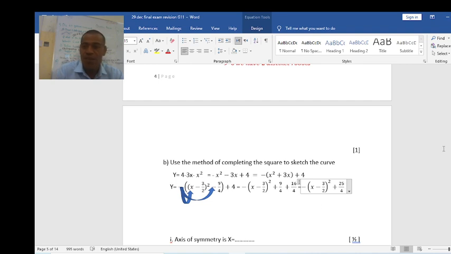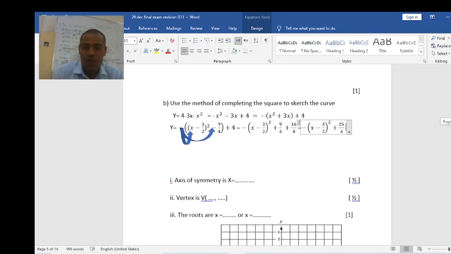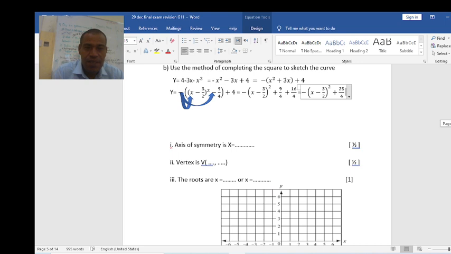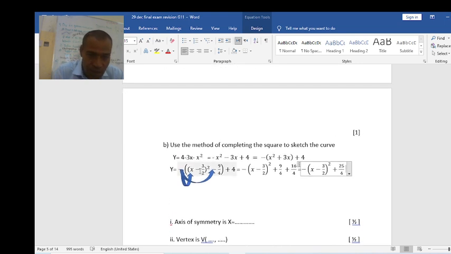Now, Mollern's, the vertex is very clear. This should be plus, because we make plus.